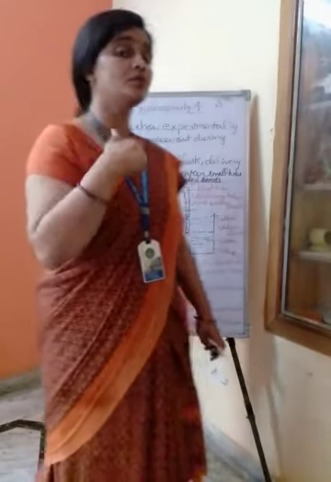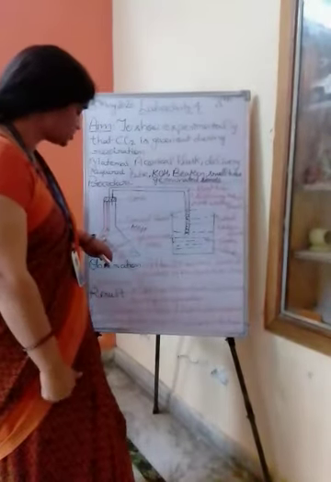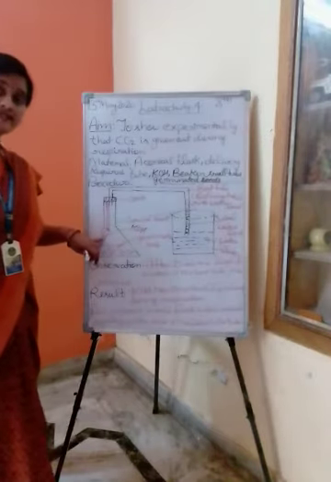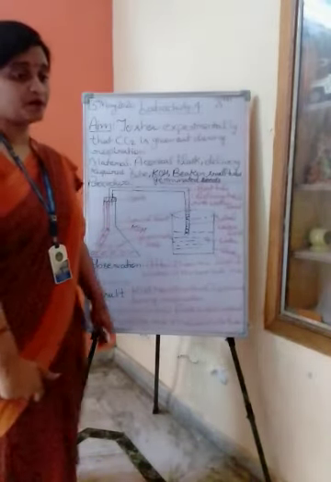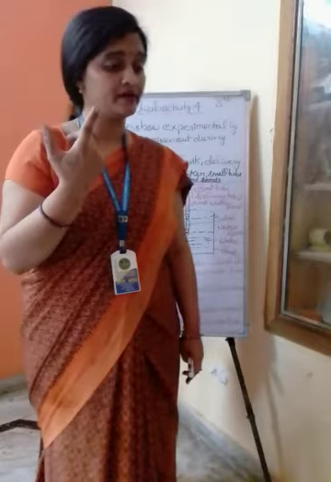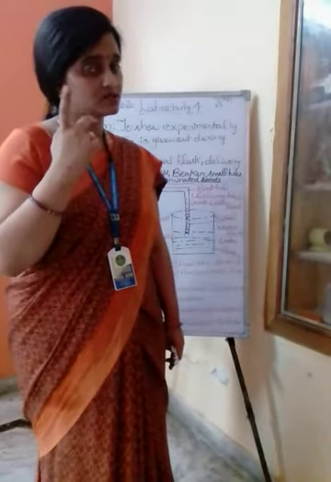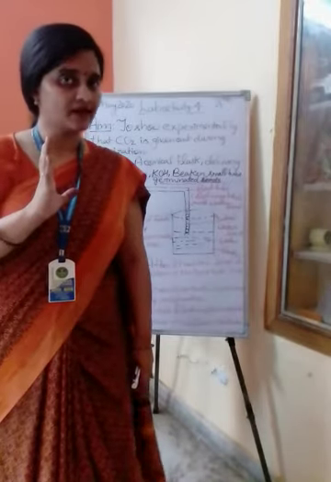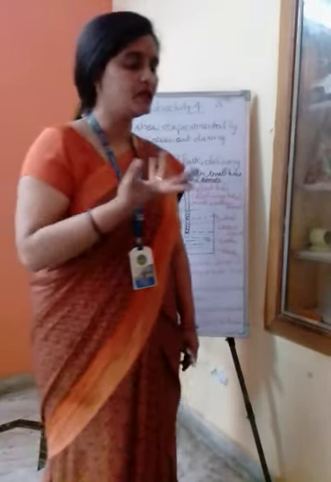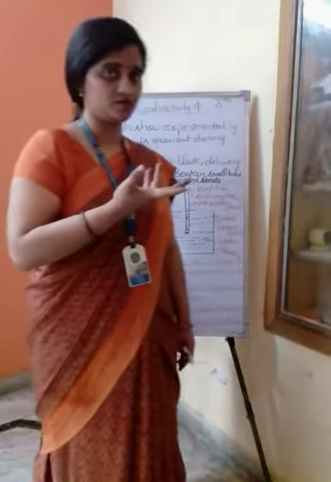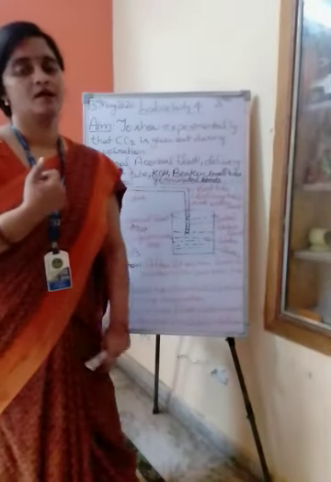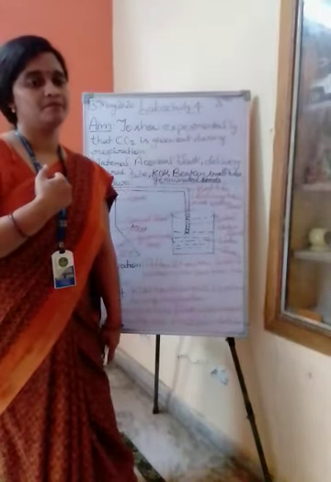The fourth question is: why do you use KOH in this experiment? Question 5 is very important: why are mitochondria called the powerhouse of the cell? Understand that? Those are very important questions for this lab activity.